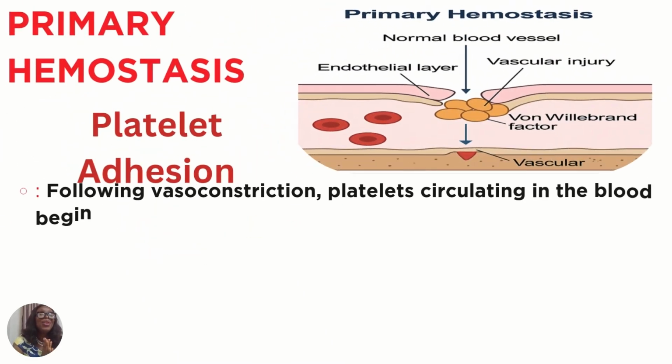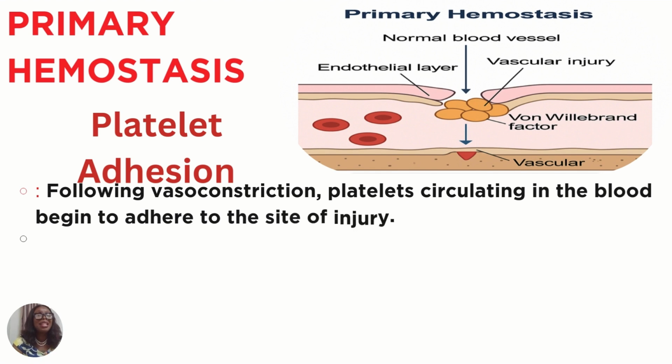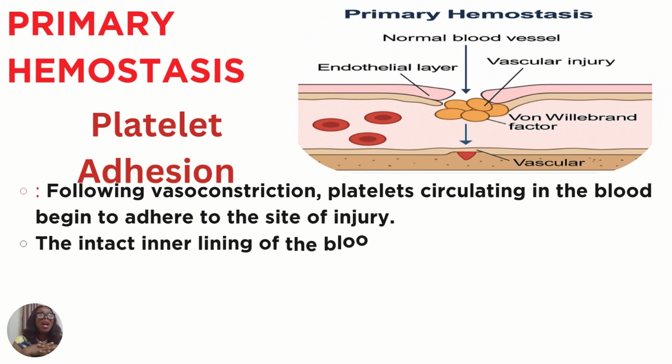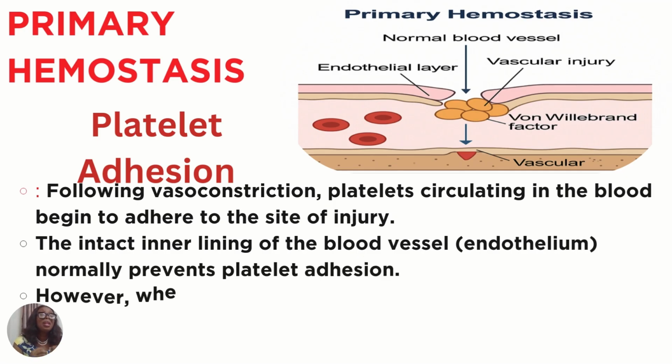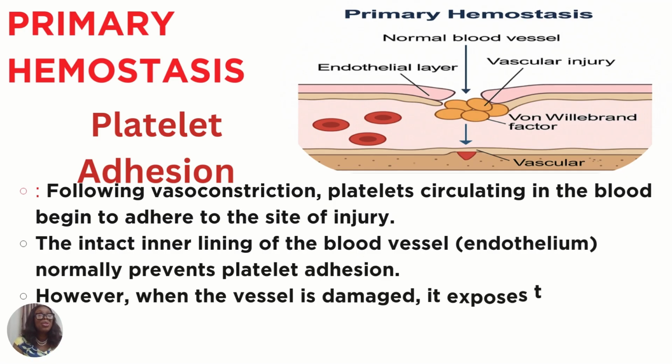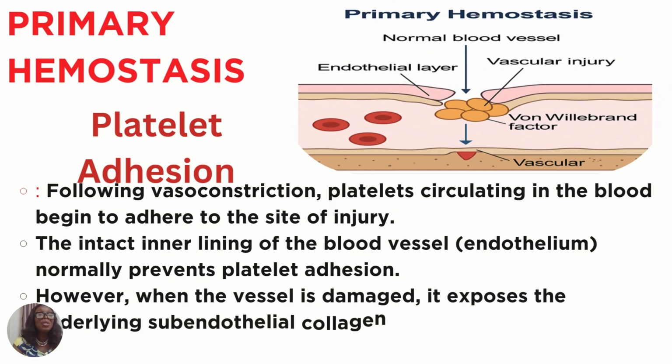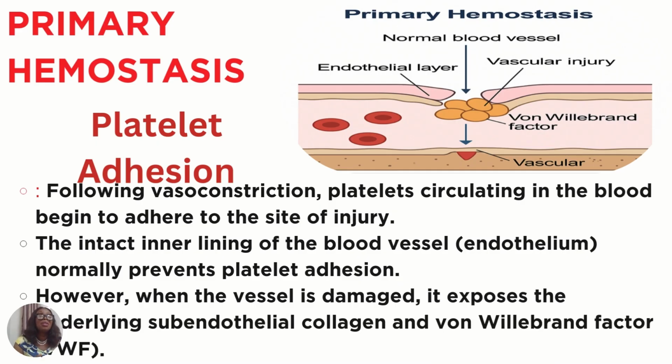Let us now look at the process of platelet adhesion. Following vasoconstriction, remember that when a blood vessel sustains injury, when there is vascular injury, the first thing the blood vessel does is to constrict. The vessel will contract. Like we said earlier, this contraction is mediated by local nerve reflexes and mediators like thromboxane A2, serotonin, and endothelin.